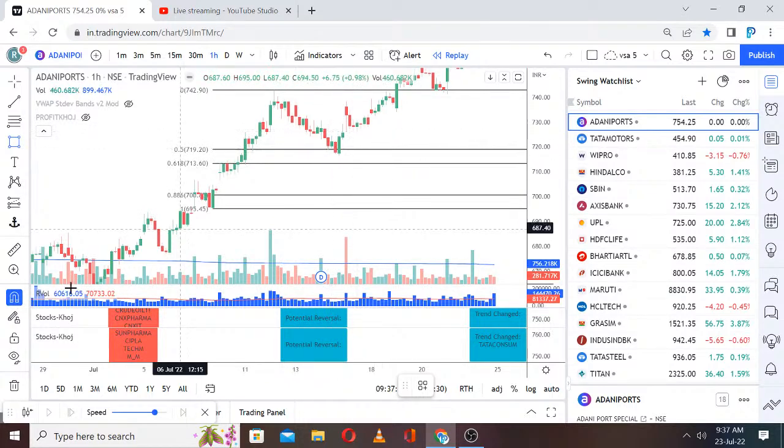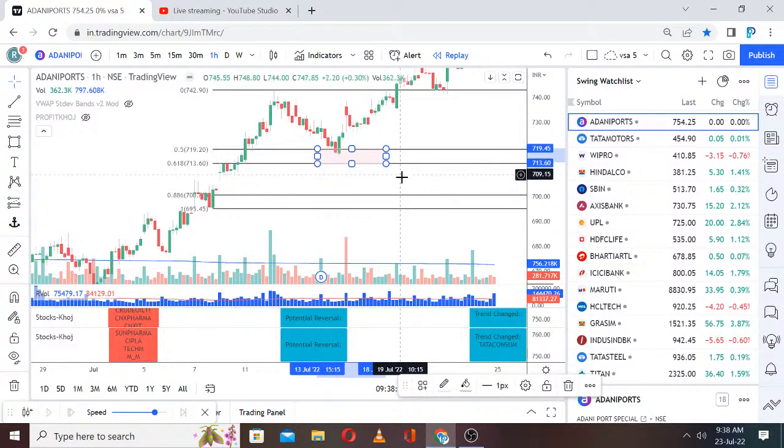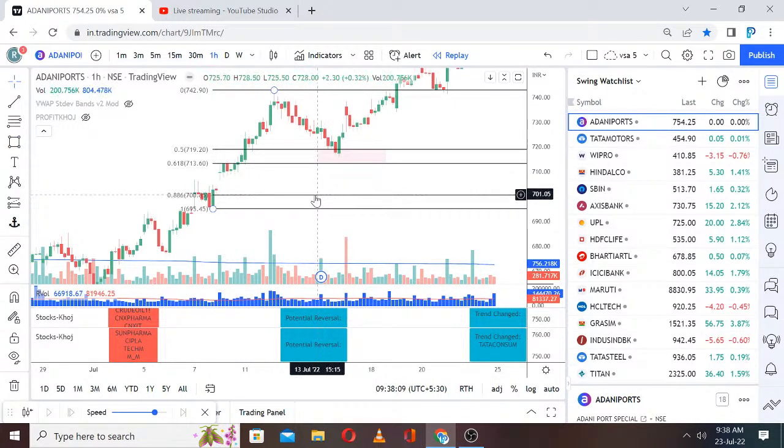So what we do, after marking the Fibonacci zones, is take a box and mark the entry zones.